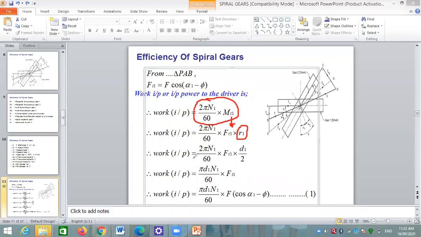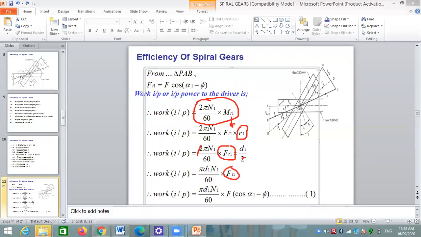Therefore work input is equal to 2 pi n1 divided by 60 into Ft1 into d1 by 2. We replace the radius in terms of diameter, this 2 will get cancelled, therefore input power is equal to pi d1 into n1 divided by 60, and Ft1.